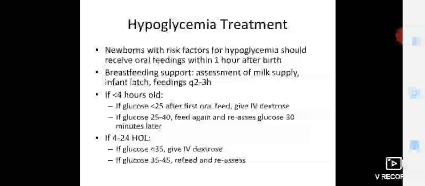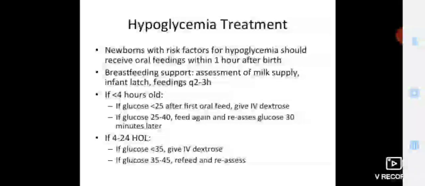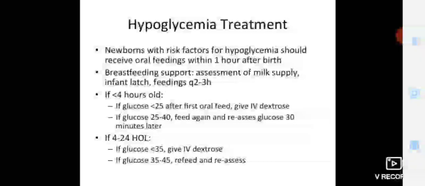If the glucose is between 35 to 45, again, the infant may refeed and be reassessed in 30 minutes. It is important to note that if at any time any infant is symptomatic, then the infant should be immediately treated with IV dextrose regardless of glucose value.